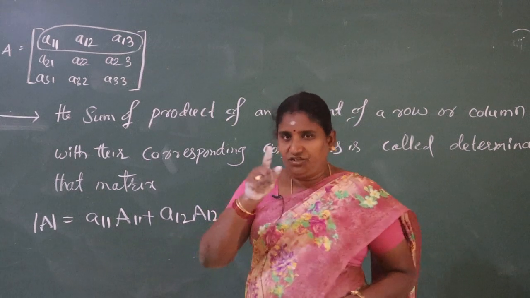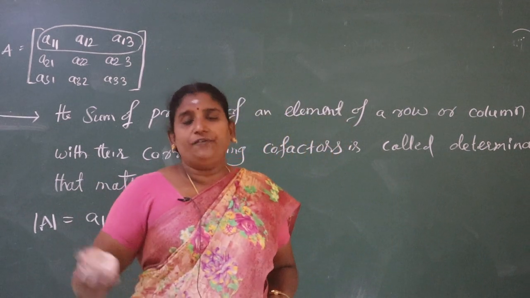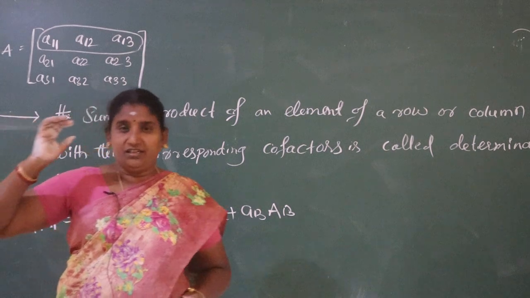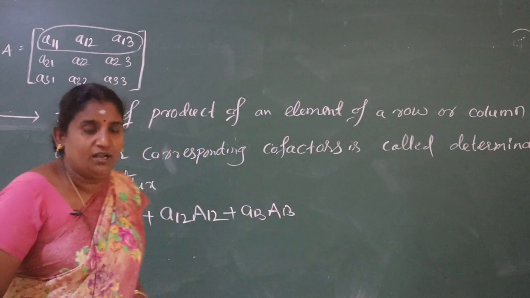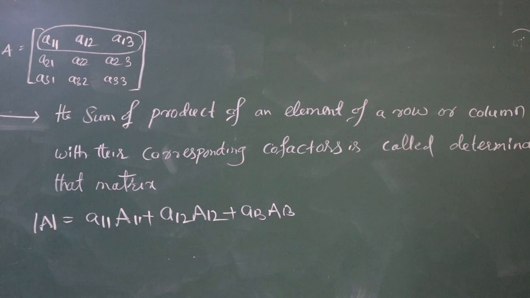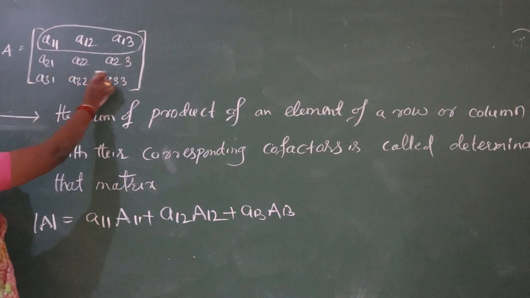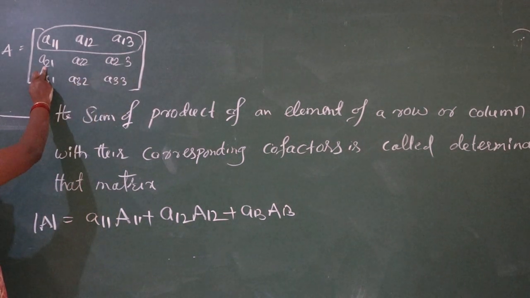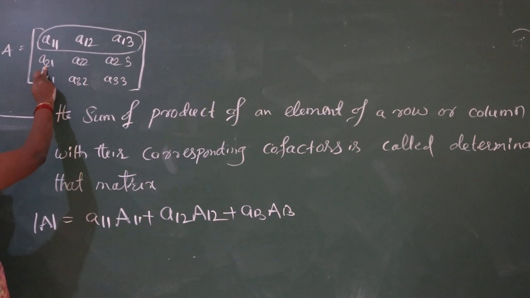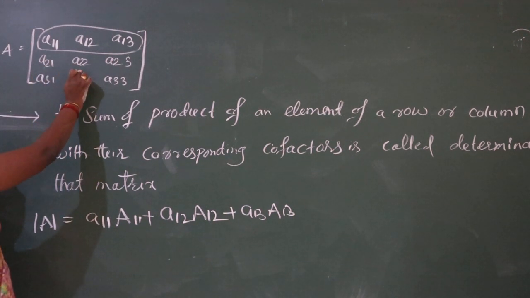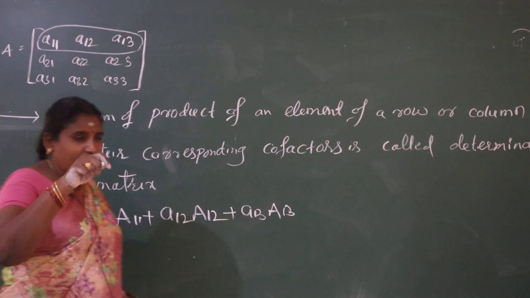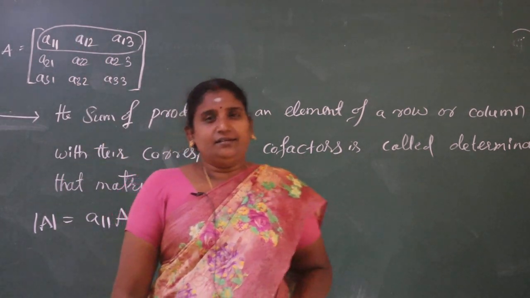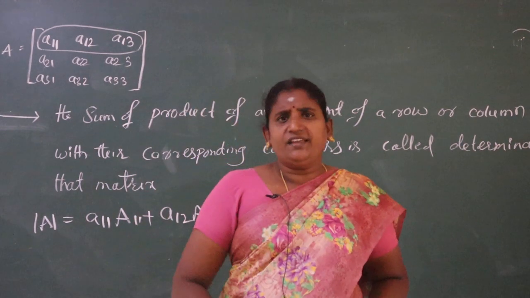Here, by using the first row I wrote this. Suppose I want to use the second row for finding the determinant, then what will be the formula? Actually this formula no need to remember, but the concept is important. Listen. Another way to write this: small a21 into capital A21 plus small a22 into capital A22 plus small a23 into capital A23. Or by using any column we can write.